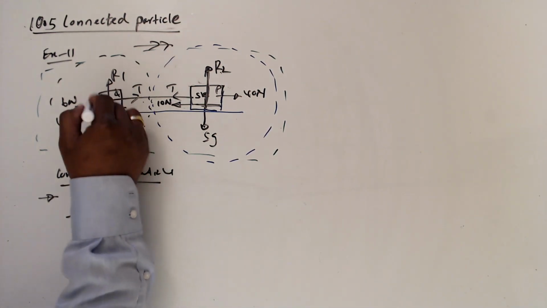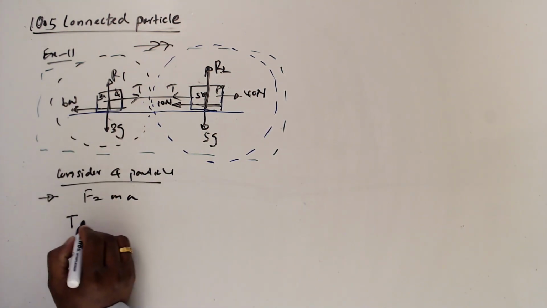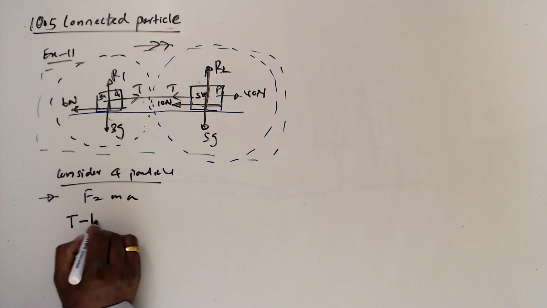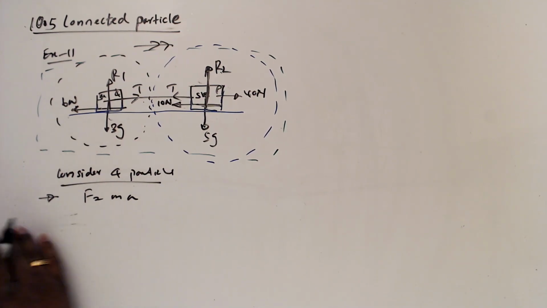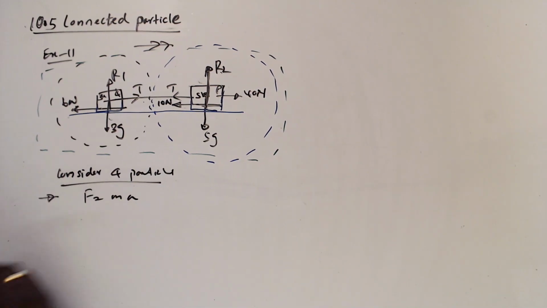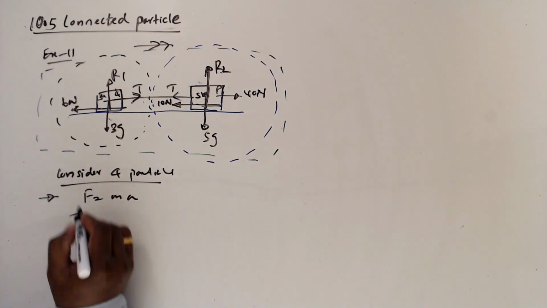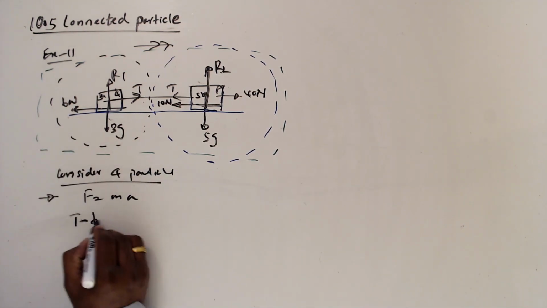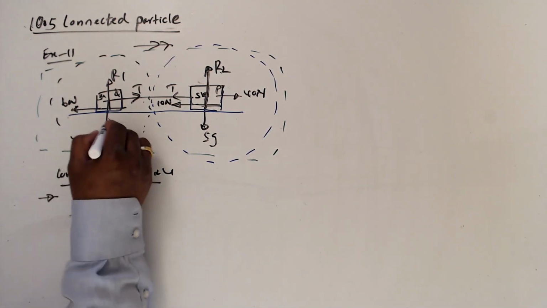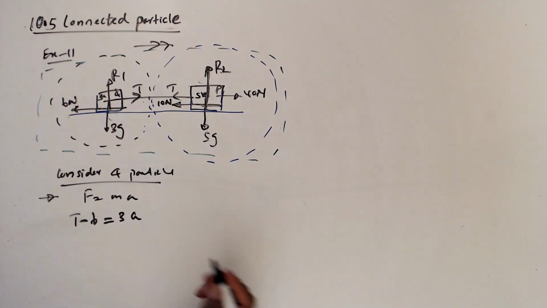On Q there are two horizontal forces, T and 6 N: plus T and minus 6, or you can write minus 6 plus T, but I rather start with this one. T minus 6, the opposite direction, equals m times a, we know that is 3 times a. So that is one equation.